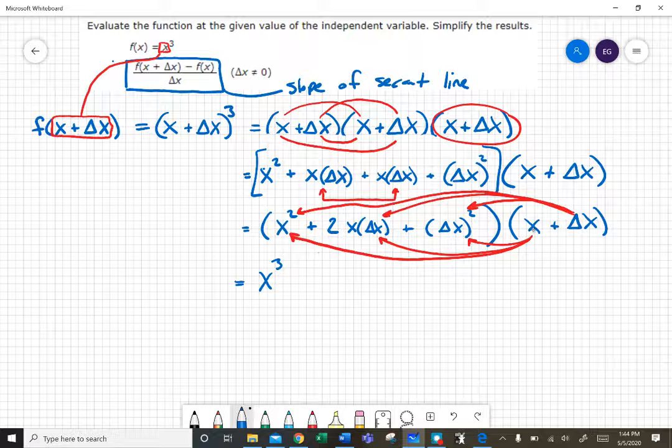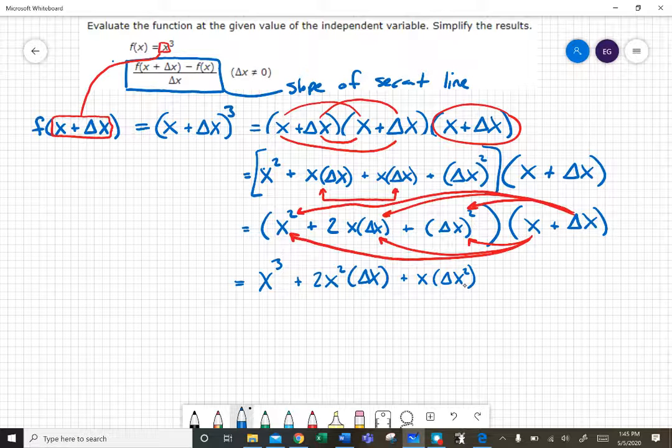Then an x times the 2x delta x gives us 2x squared times delta x. And then plus x times delta x squared.